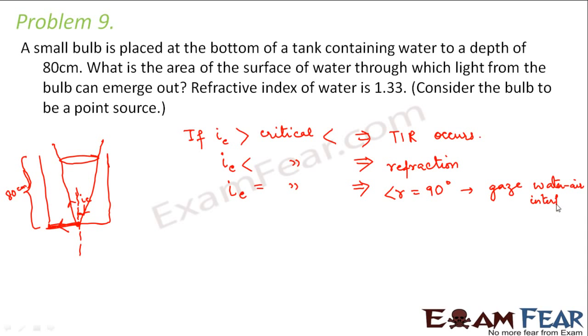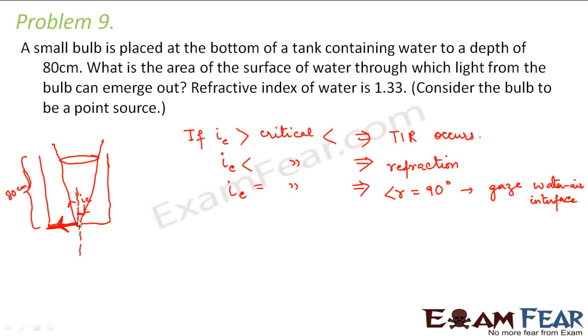So when the angle of incidence is greater than the critical angle, it will get totally reflected and come out from the tank. If it is less than the critical angle, then it will get refracted, so it will go somewhere here. And if it is equal to the critical angle, then the refracted light will go in this direction. So what do we want?